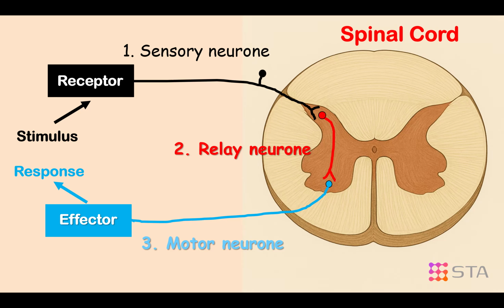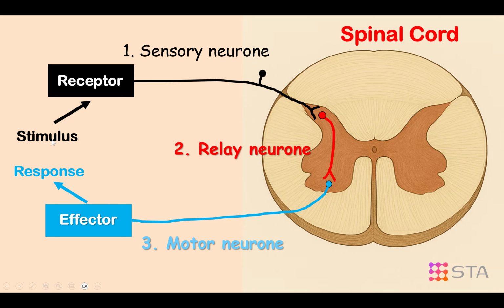So let's just pretend for a moment that you have touched a hot object. Now, obviously, your brain does not want your skin or your fingers to burn. So the first thing is you have a receptor in your skin which picks up the stimulus.